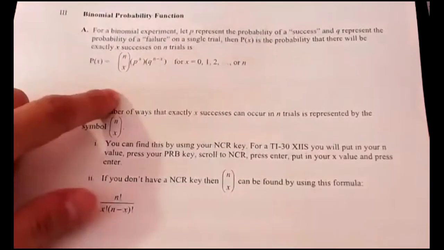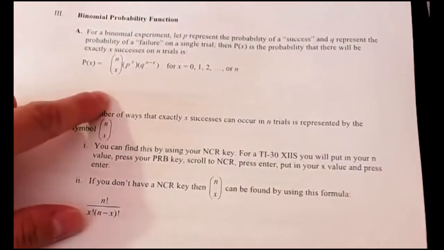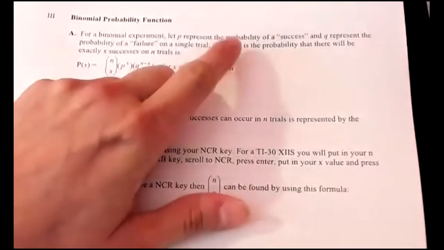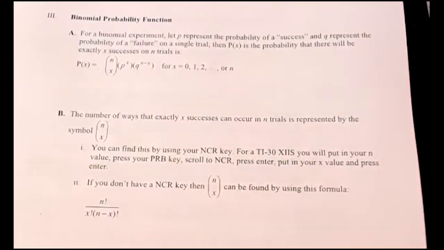We're ready for a formula. Okay, this is a little crazy, no big deal. I swear it's not a big deal. For a binomial experiment, let P represent the probability of a success and Q represent the probability of failure on a single trial. Then P of X is the probability that there will be exactly X successes on N trials.